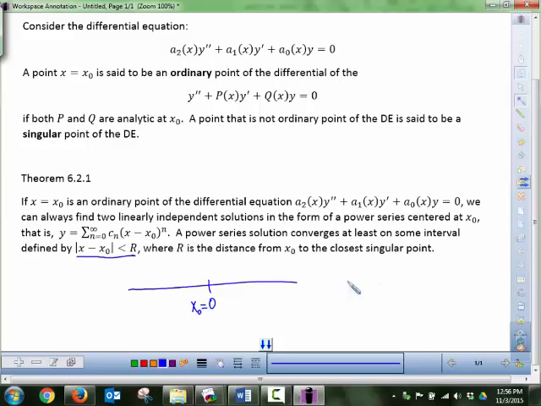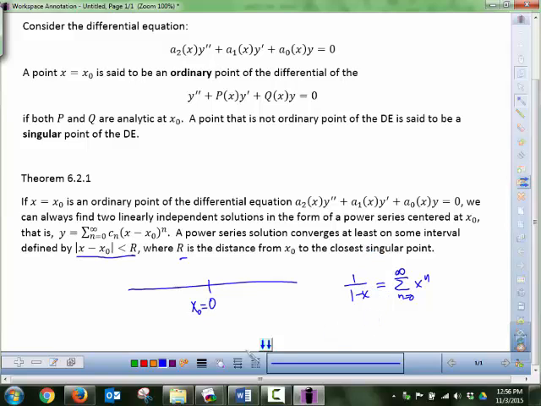And then if we take a look at that geometric series, this thing has a particular radius of convergence. The radius of convergence is r. So r is some distance from x naught to the closest singular point.